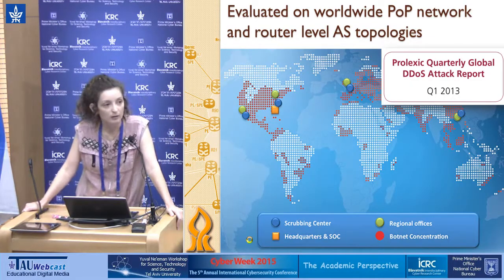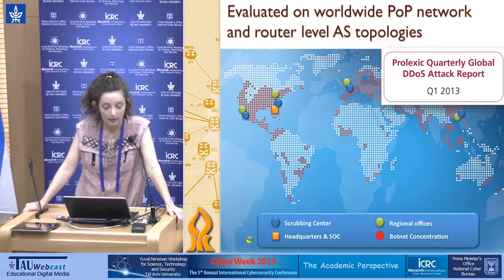We evaluated our strategies on a global network of points of presence and on router-level autonomous system topologies. We retrieved the topologies from the Rocketfuel project site.